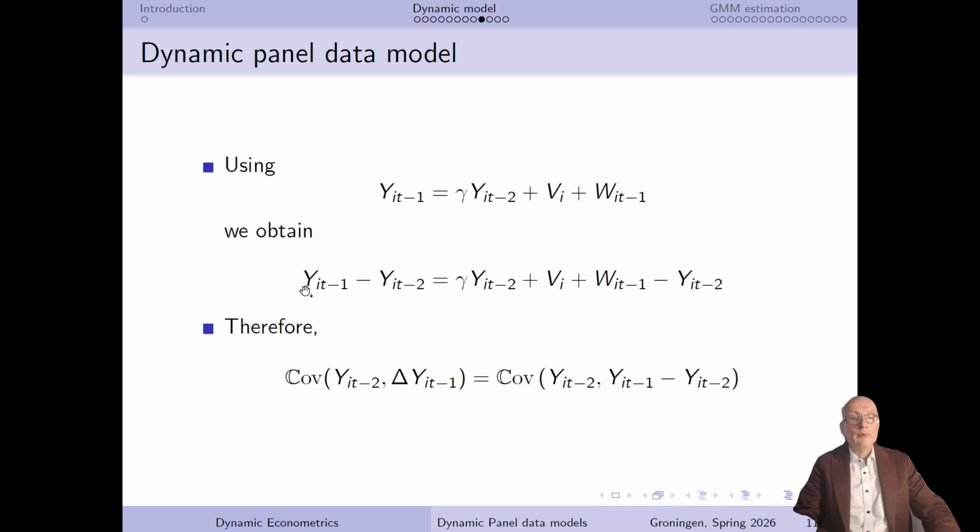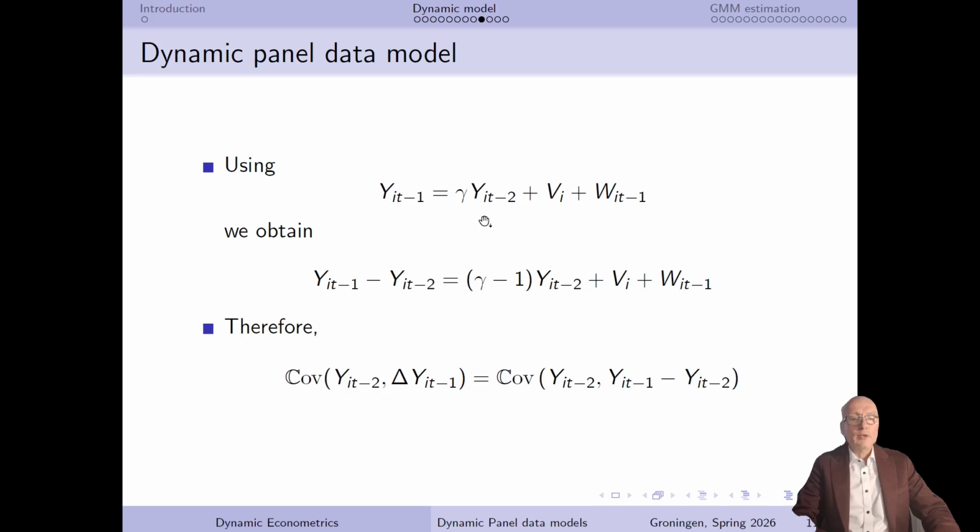That implies that we can rewrite y_{i,t-1} minus y_{i,t-2} by substituting the right-hand side for y_{i,t-1}. Then we get γ y_{i,t-2} + v_i + w_{i,t-1} minus y_{i,t-2}. We can take these y_{i,t-2} terms together to get (γ-1) times y_{i,t-2} plus v_i plus w_{i,t-1}.